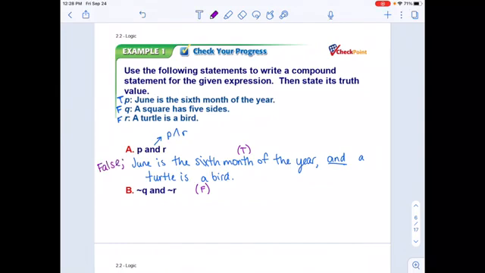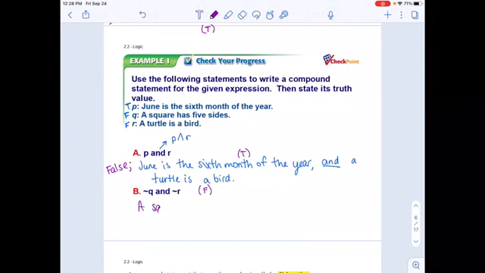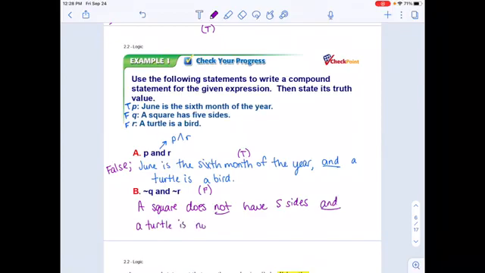Part B is similar, except now it's not Q and not R. So a square does not have 5 sides, and a turtle is not a bird.